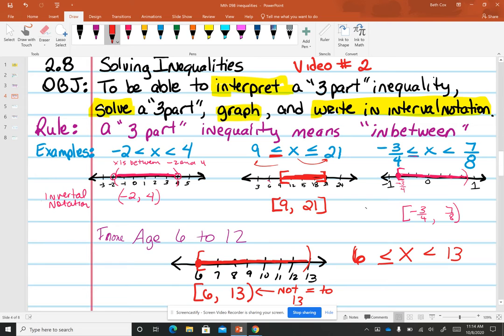Again, that's part of one of the things we want to learn. And so just a little example here, the bracket is equal, the day you turn 6. The parentheses is not equal, but it's the day up till your 13th birthday. It's not 12, the day you turn 12. It's that whole year after you turn 12 until the day before 13. So that kind of maybe gives you some context to what this means.